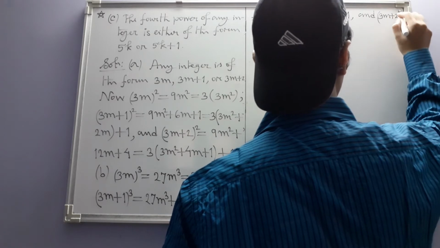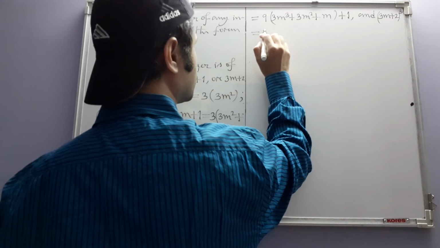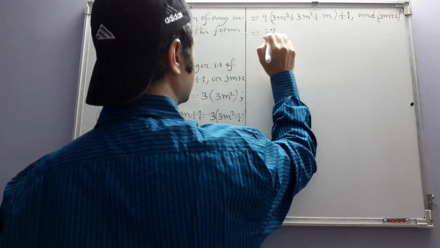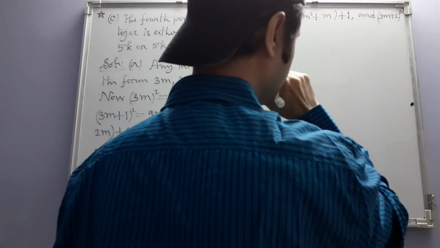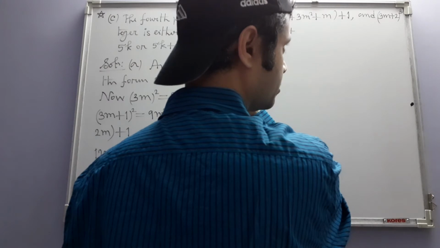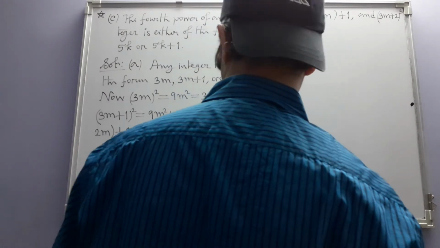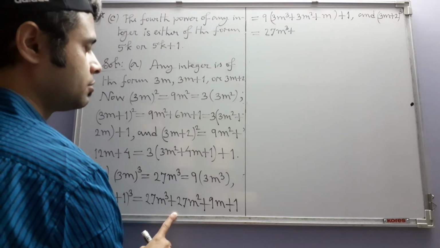And (3m plus 2) whole cube. This will be, just like before, 27m cube plus now 3a square b. So here, besides getting 27, we are also getting 2.